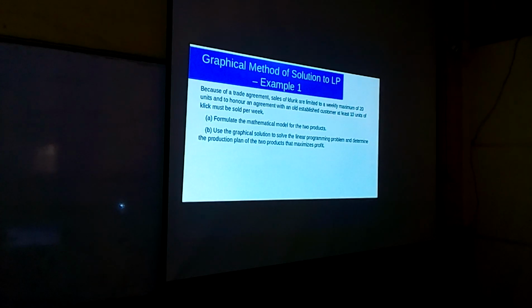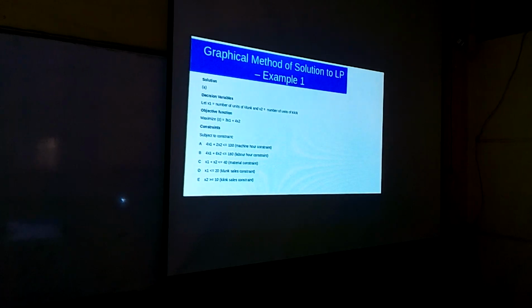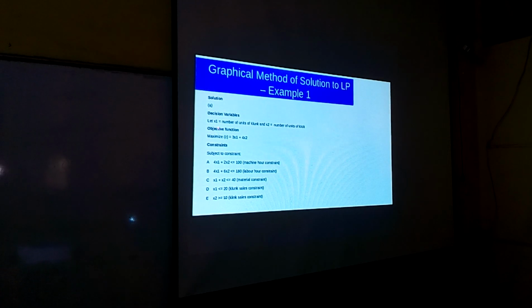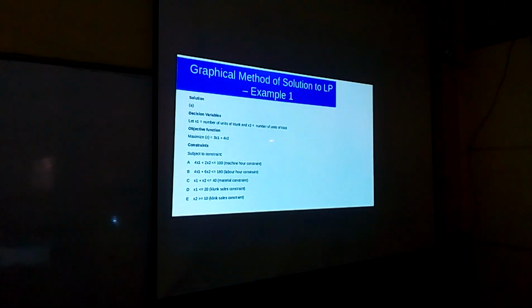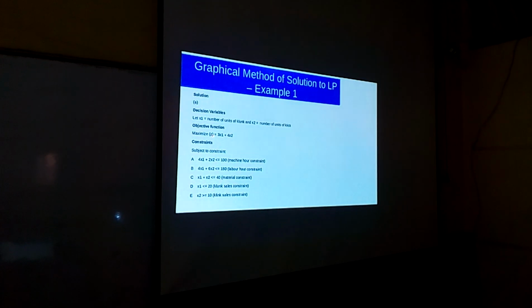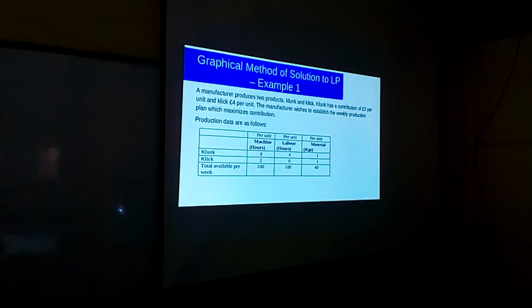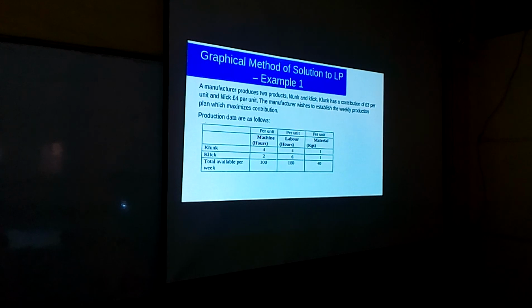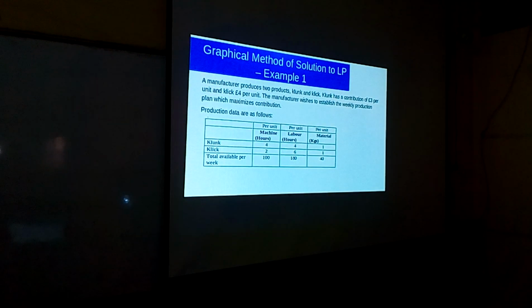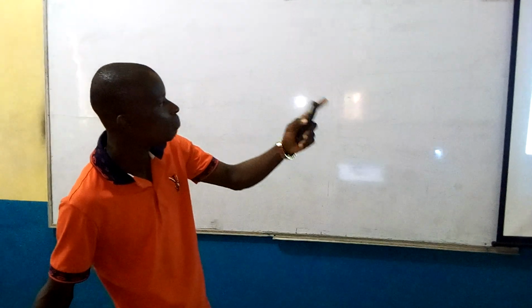So we want to formulate a mathematical model for these two products, and we've learned how to do it. We can let x1 be the number of units of Clank and x2 the number of units of Click. Now we want to maximize the contribution. Where did we get this from? We were told that Clank contributes 3 pounds per unit, and Click contributes 4 pounds per unit.